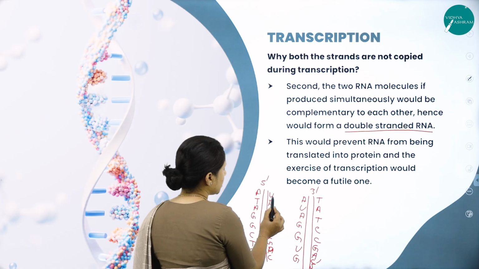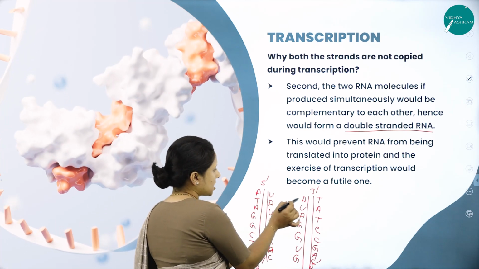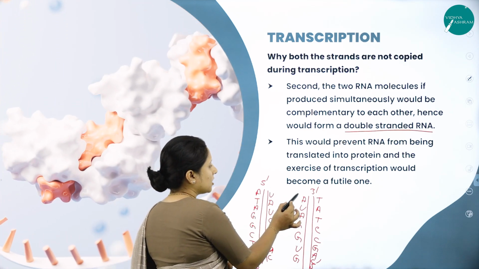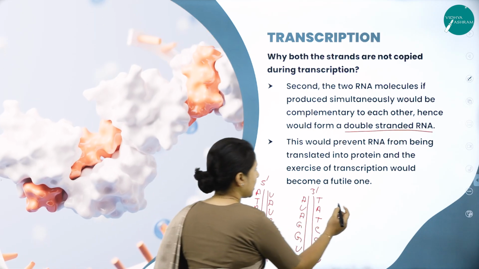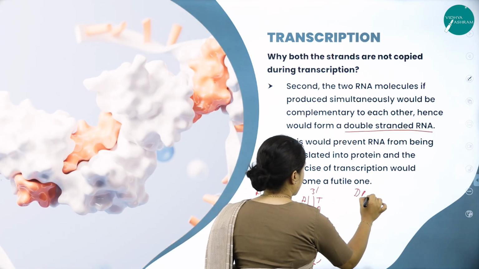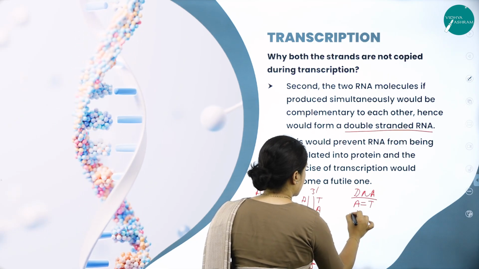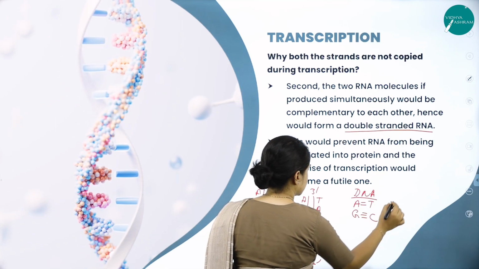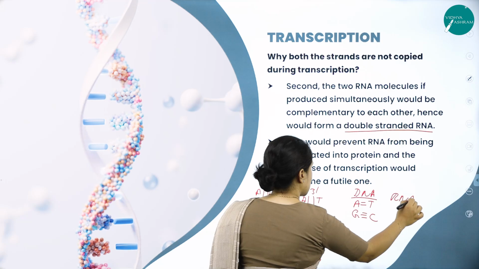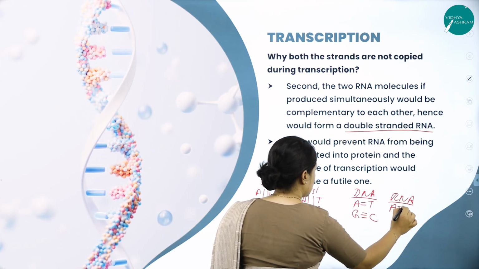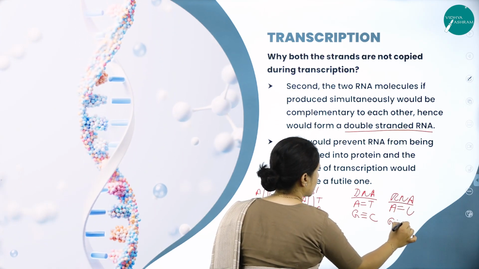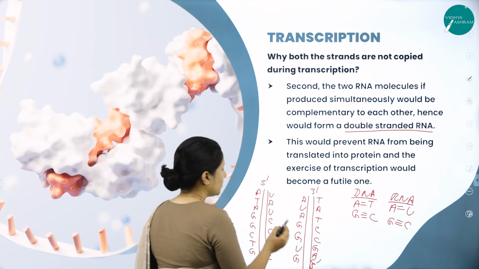Now if you see here, these two are RNA strands, uracil, adenine, because in DNA, the pairing is adenine with thymine and guanine with cytosine. But in RNA, it is adenine with uracil, guanine with cytosine. Now, isn't it correct?